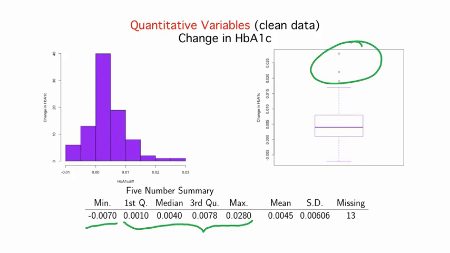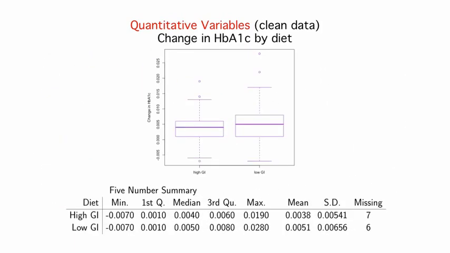An even more useful representation is to look at these changes in HbA1c by diet. It seems that the highest values are for the low GI diet, and the median and the mean are also slightly higher for the low GI diet. But again, there's lots of overlap in the box plots, so these differences may not be statistically significant.